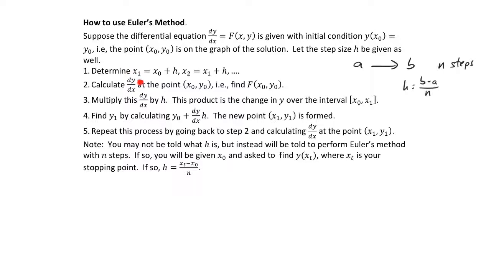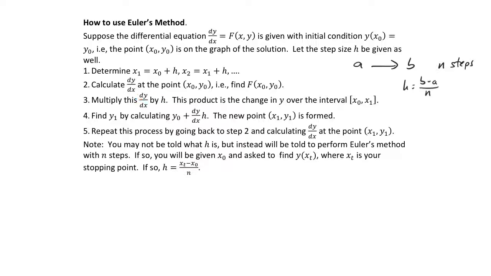Calculate your slope at the initial value, which will be essentially finding the expression evaluated at (x0, y0). Whatever that slope is, multiply it by your step size. The reason we're doing that is because the slope of any line is a measurement of how much y changes as x changes. h is measured in whatever the units of x are.